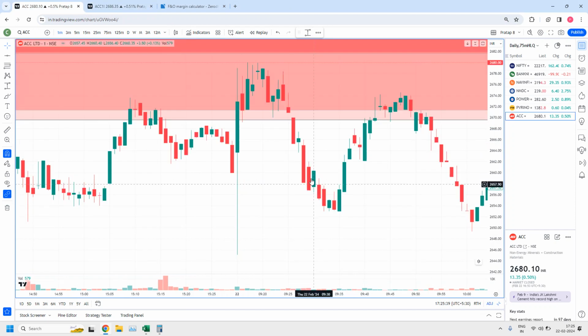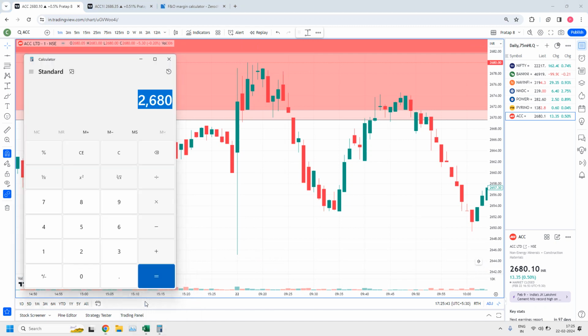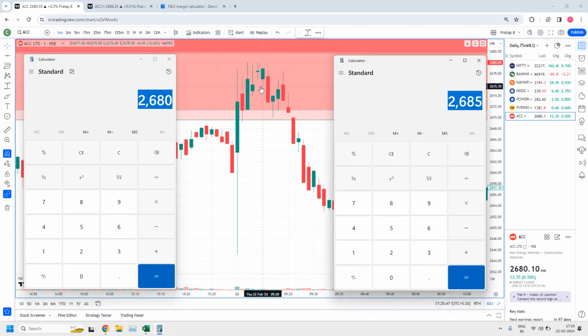Okay, now you have seen how we are buying. Equity is saying 2680. At the same time, the same candle in futures shows a different price. Because equity is the one you analyzed, this is the price it suggests, and the futures price at that time is equivalent to it.